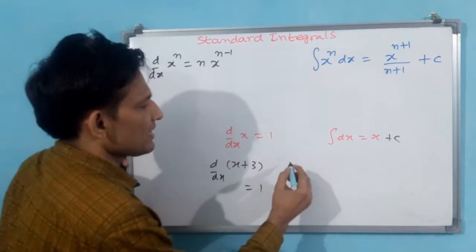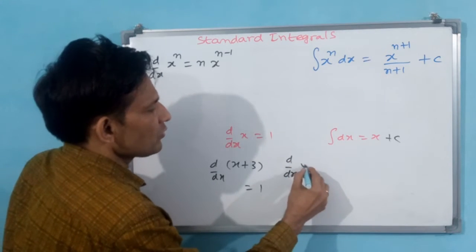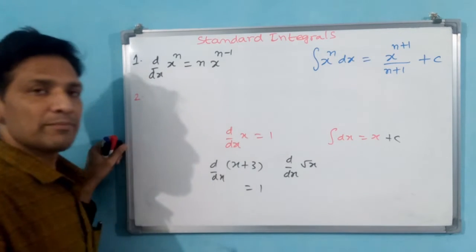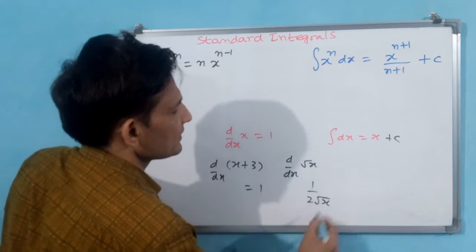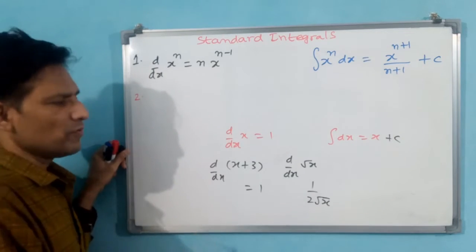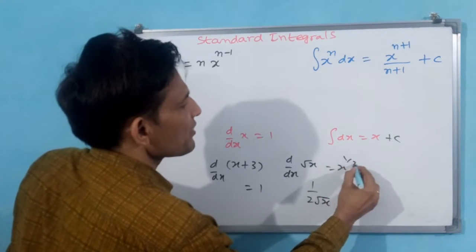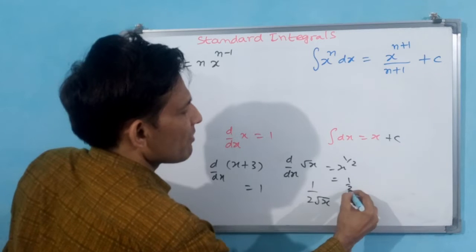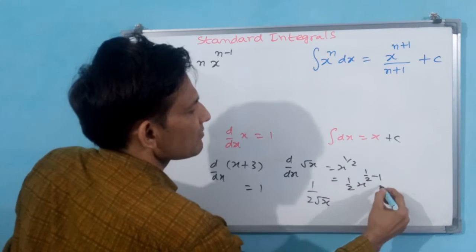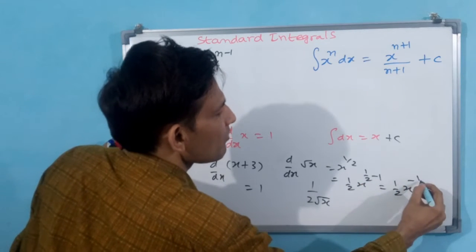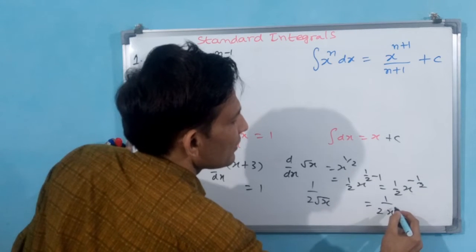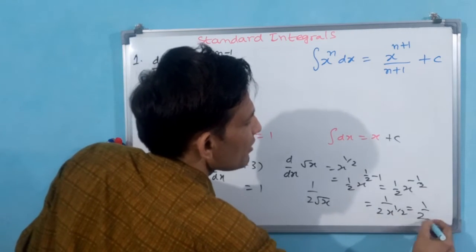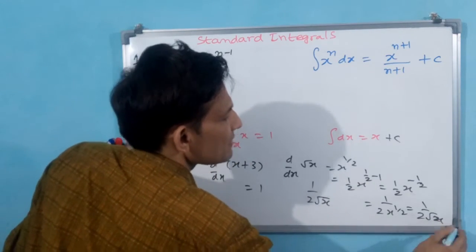Another one. d by dx of root x, how much will it come? 1 by 2 root x. This we know very well. Take x power 1 by 2, and 1 by 2 x power 1 by 2 minus 1, that is equal to 1 by 2 x power minus 1 by 2, that is equal to 1 by 2 root x.